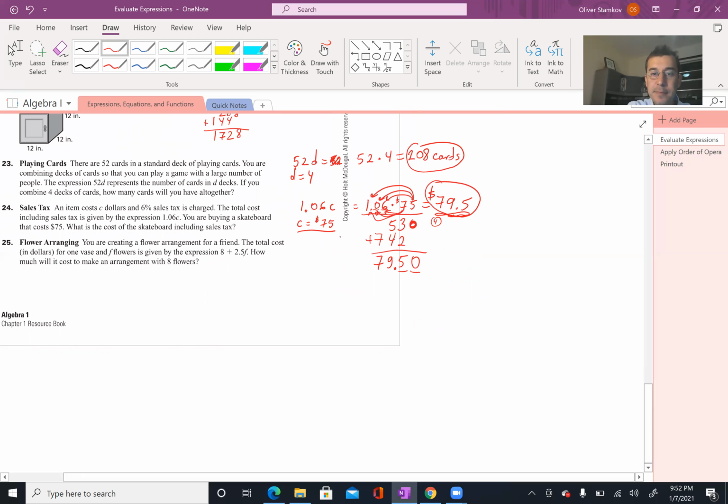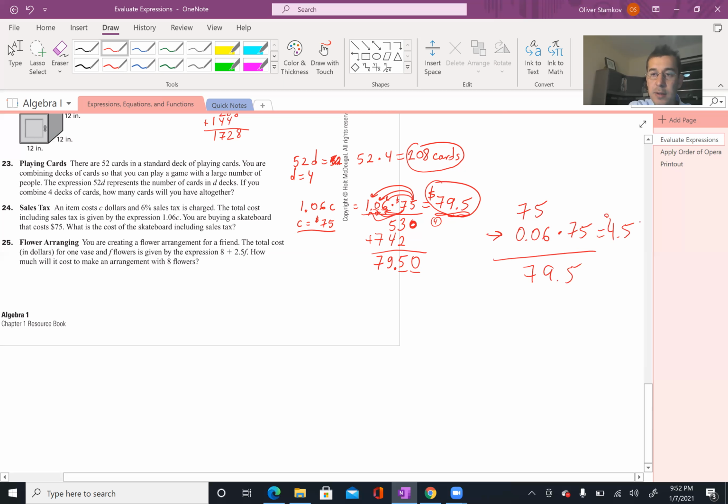So other way you can do this is add the sales tax to the cost of the skateboard. So the skateboard is 75, and then add the sales tax, and the sales tax is 6%. So it's 0.06 times 75. And you're going to end up with the same number, 79.5, which means this has to be $4.5.